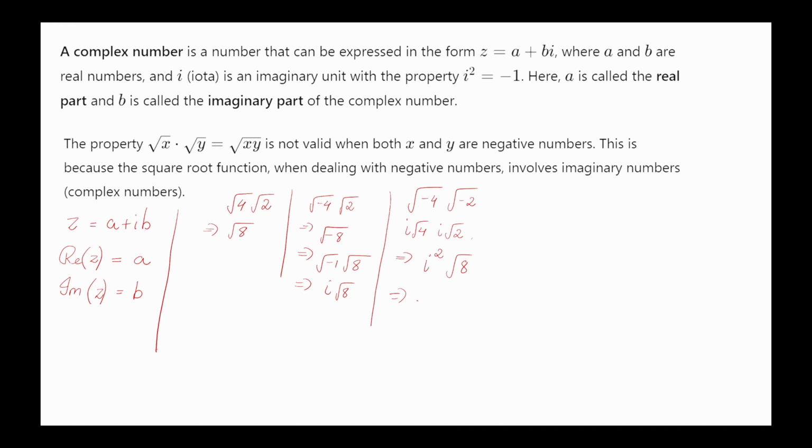Simply minus 1, so it becomes minus root 8. So keep this in mind. Whenever we have root under minus 4 into root under minus 2, it becomes minus root under 8. This is an important concept that you must remember about root 4 into root 2, root minus 4 into root 2, and root of minus 4 into root of minus 2.